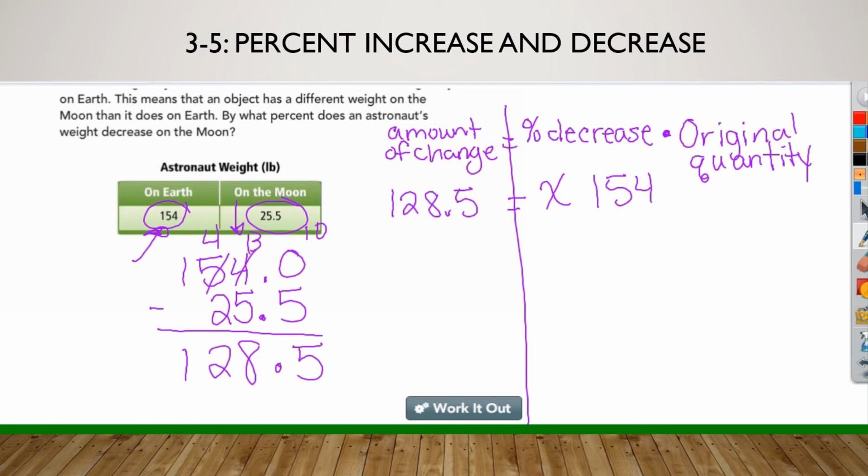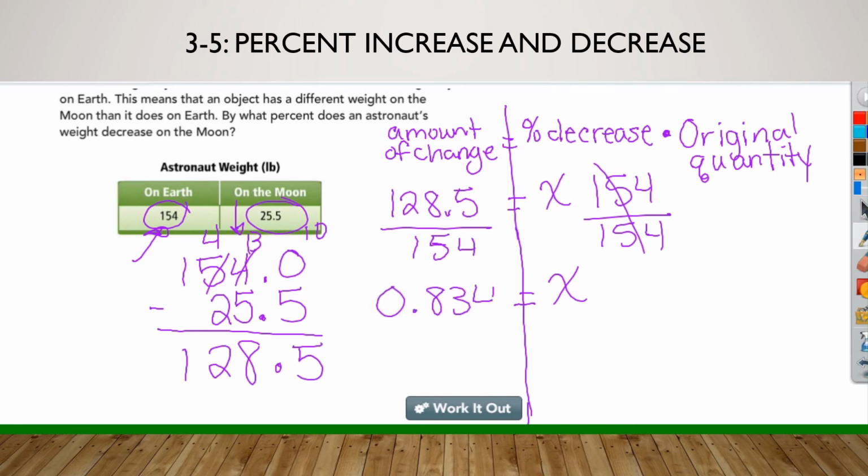So I need to go ahead and divide 154 on both sides of the equal sign. When I cancel that out, I'm left with x on this side, and then I have to simplify. 128 and 5/10 divided by 154, it is a long decimal. I'll just write 3 decimal places.